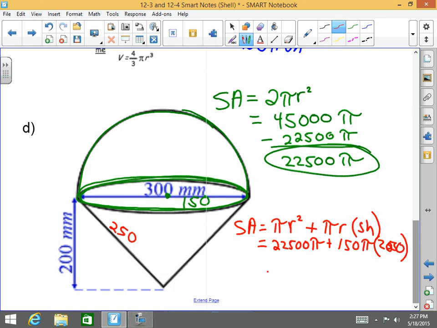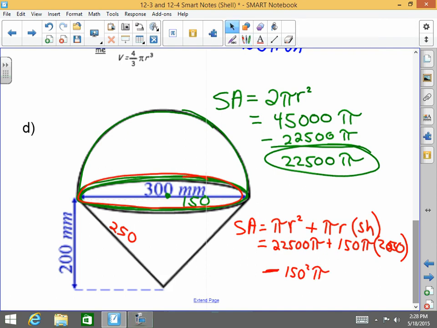But I have to subtract, again, another pi r squared. So minus 150 squared pi. Okay? I know you guys want to get out of here, but I had done this completely wrong. The surface area here is the surface area of the hemisphere minus this interior circle. The area of the cone here is the surface area minus the interior circle.